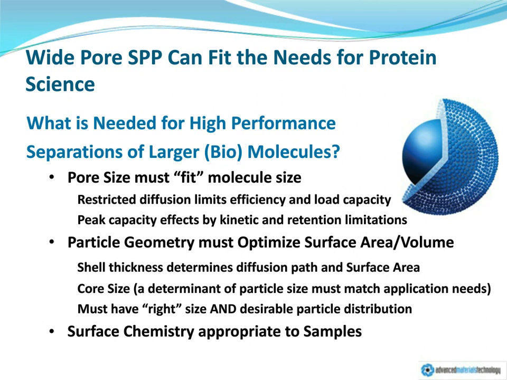Part of the equation for optimizing such materials is the core size. That is, if we increase the core size too greatly, we decrease the shell thickness, and we increase the overall particle size, leading to a loss of chromatographic performance.